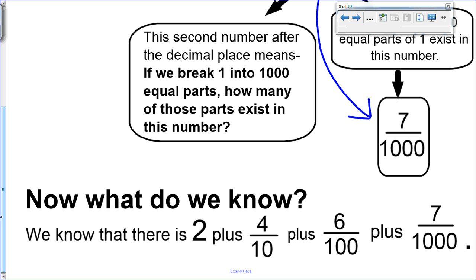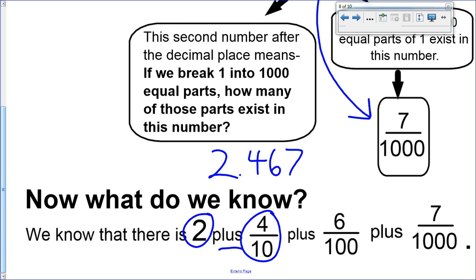Okay? So now what we know is our number, 2.467, actually means 2 plus 4/10 plus 6/100 plus 7/1000.